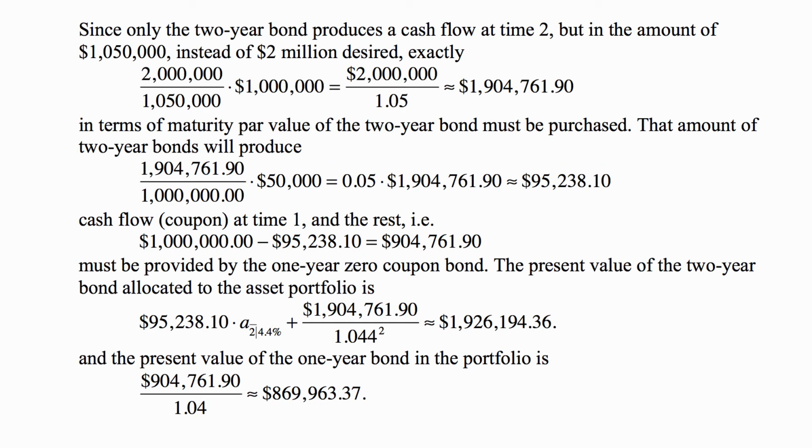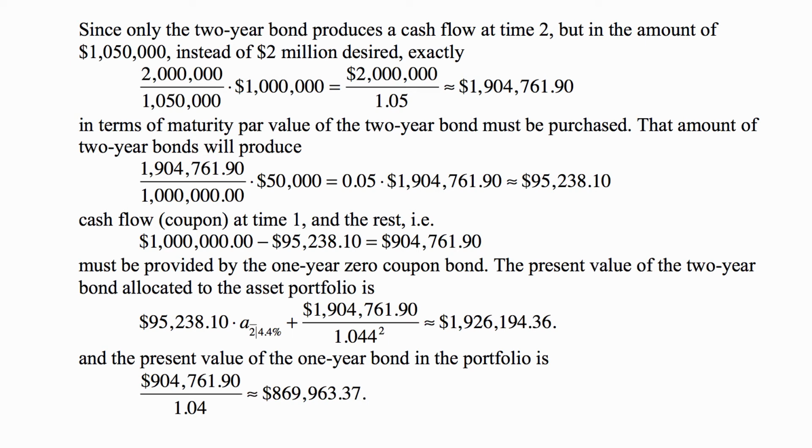Since only the 2-year bond produces a cash flow at time 2, although in the amount of $1,050,000 instead of $2 million desired, we need to construct a payment to pay that $2 million desired out of the $1,050,000, and a unit of that bond is $1 million par value.